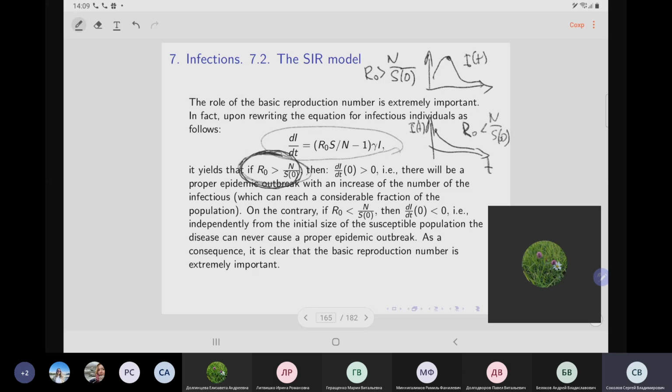If we decrease it lower than N divided by S of 0, then we can stop our outbreak.